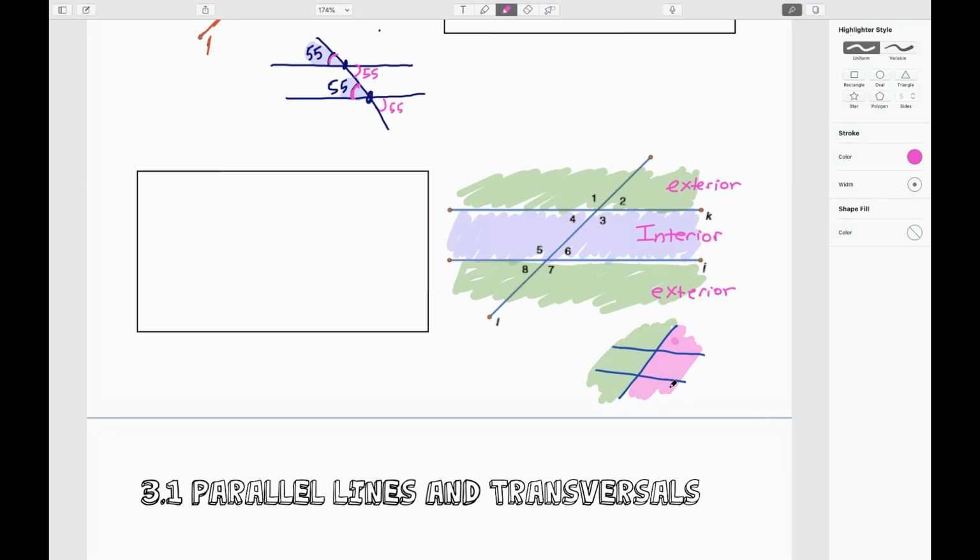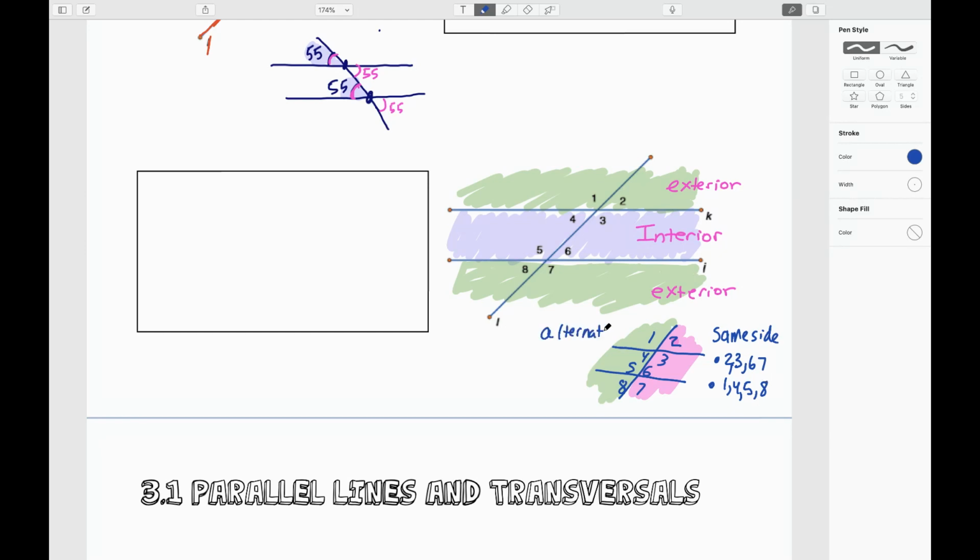So when we're looking at 1, 2, 3, 4, 5, 6, 7, 8, we have same side angles. That's 2, 3, 6, and 7. Or we have 1, 4, 5, and 8. We'd call those same side angles.